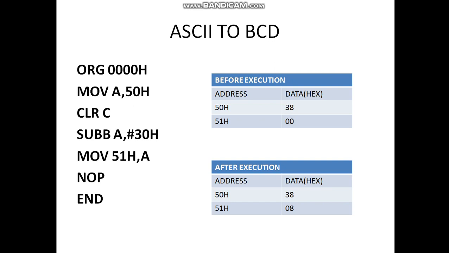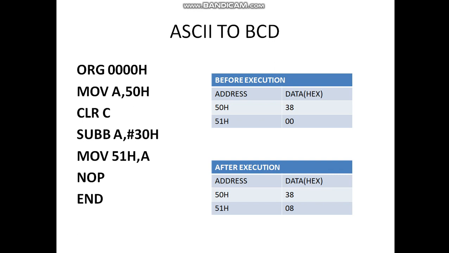Let us see what the output is after the execution of the program. The input is taken from 50H location and moved into the accumulator. Now as per the logic, we need to subtract 30H, that is the immediate data, from the accumulator. Since we don't have a plain subtraction instruction in the microcontroller, we use SUBB, which stands for subtract with borrow.